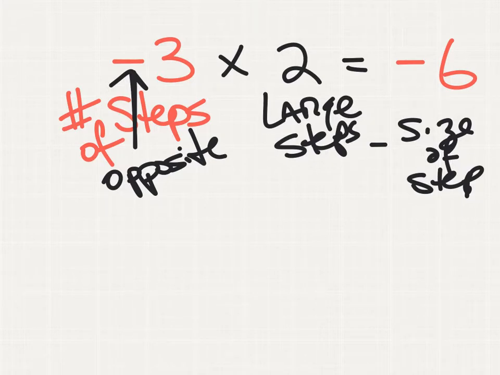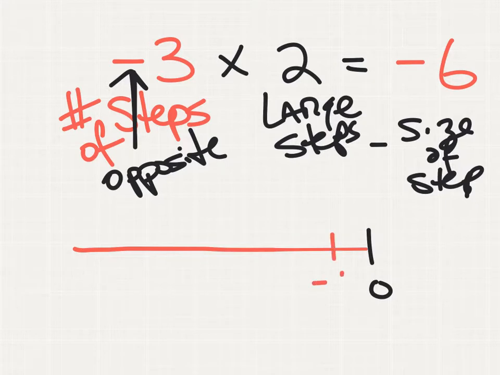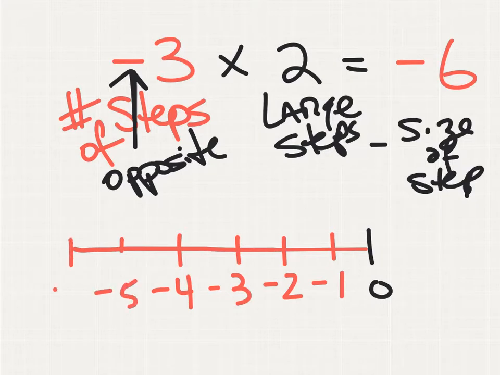So if I draw my number line, this may help as well. If I draw that number line, I know that to the left of 0 are all the negative integers. I need to take the opposite of 3 steps of 2.